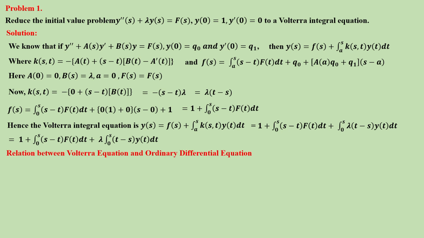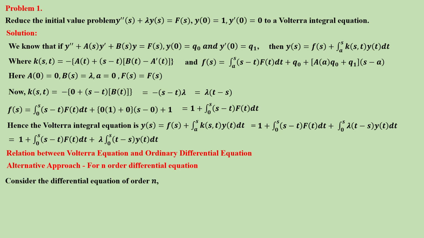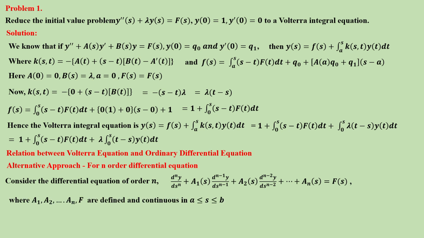Next, the relation between Volterra equation and ordinary differential equation. This is an alternative approach for an nth order differential equation. Consider the differential equation of order n, d power n y by ds power n plus a1 of s d power n minus 1 y by ds power n minus 1 plus and so on, plus a n of s y, equal to f of s. a1, a2, ..., a n, f are defined and continuous in the interval a to b, right?